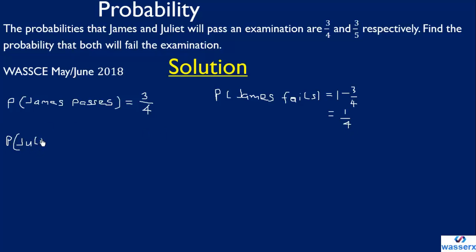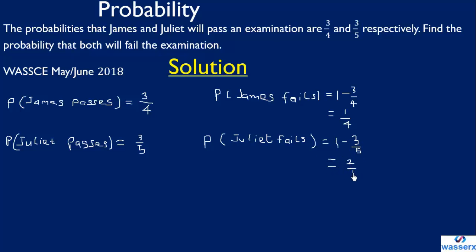Then the probability that Juliet passes the exam is equal to 3 over 5. So the complement, which is the probability that Juliet fails the exam, is equal to 1 minus 3 over 5, and that is equal to 2 over 5.